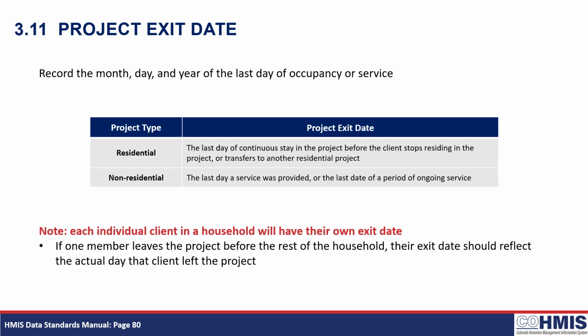For residential projects, that can indicate the last day of continuous stay in the project before they stop residing there, or they've transferred to another residential project and they need to exit out of your project first. Or maybe they're stably housed in the unit that you secured for them and they no longer need your project's assistance. For non-residential projects, it's typically just the last day a service was provided or the last date of a period of ongoing service, or to indicate that your client is no longer participating and is being exited.